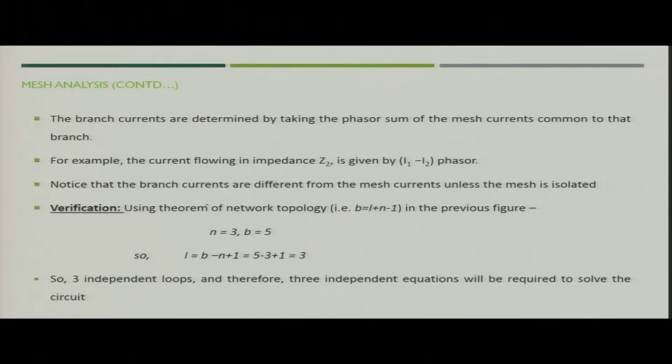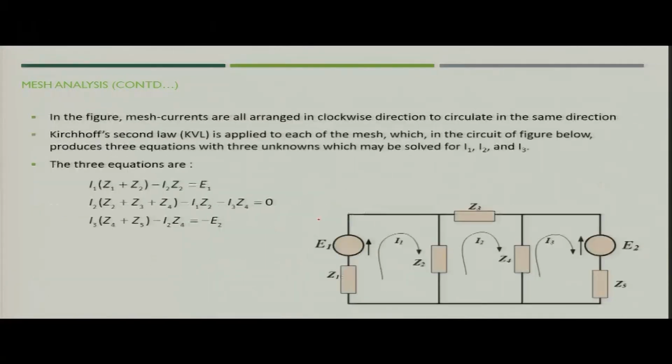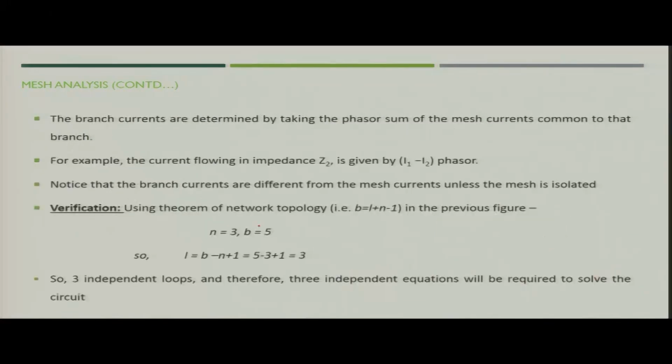We also discussed that if we do not know whether we have got the required number of equations or not, that can be established with the help of the theorem of network topology, which says that the number of branches equals the number of loops plus the number of nodes minus 1. In the previous figure the number of nodes was 3 and branches was 5, so we got the number of loops equal to 3.